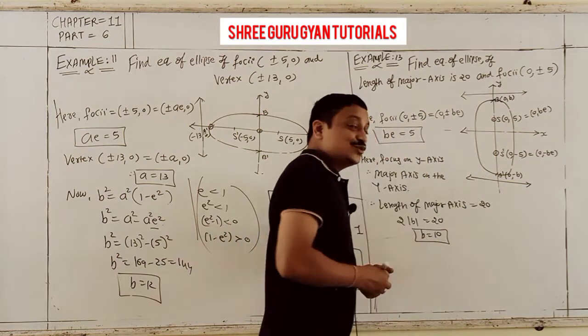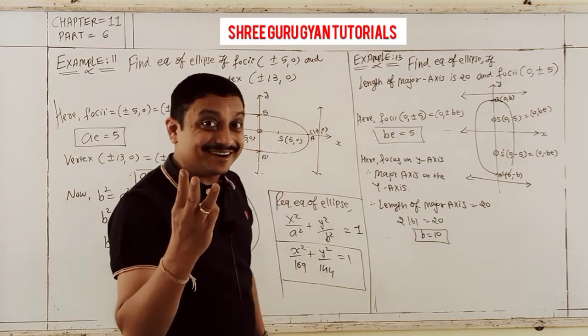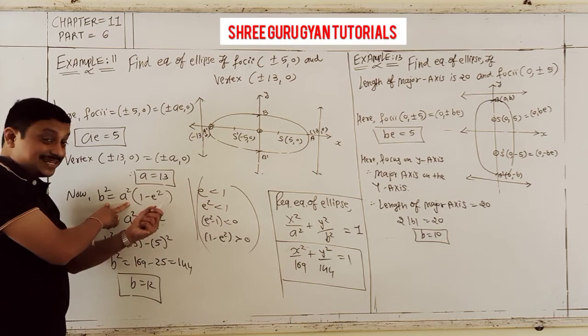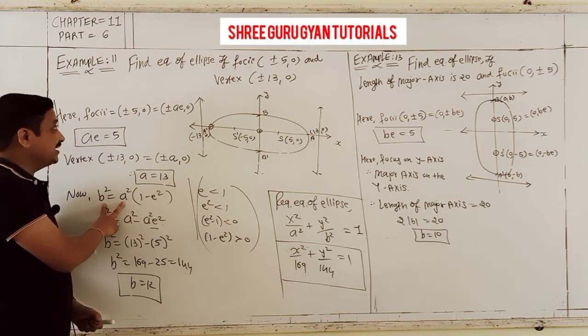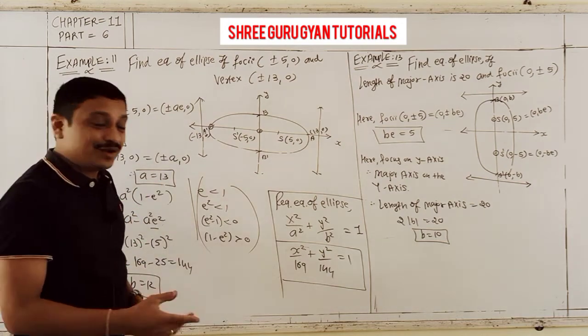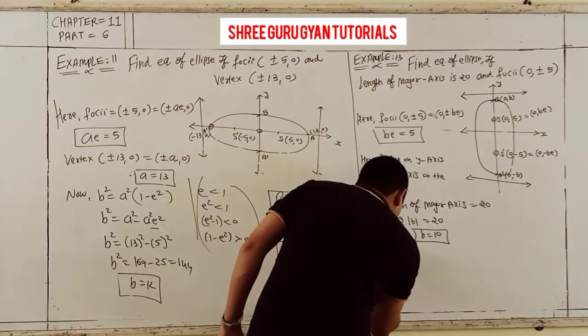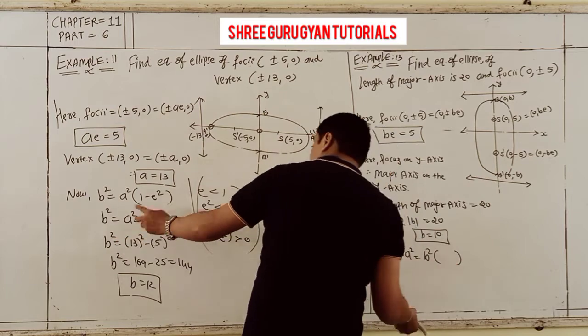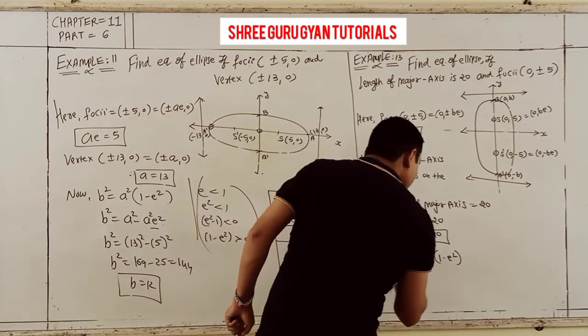Now use the third formula. Earlier the major axis was the x axis, so I wrote it that way, but now the major axis is on the y axis, so the formula changes: a square equals b square times (1 minus e square).